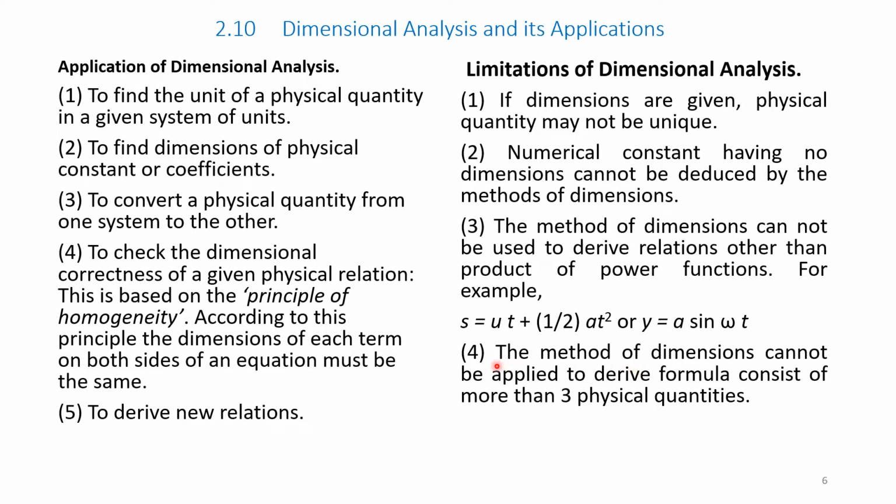Because of the plus sign in ut plus half a t square we cannot determine it. The method of dimensions cannot be applied to derive formulas consisting of more than 3 physical quantities. So only 3 physical quantities we can cross check.